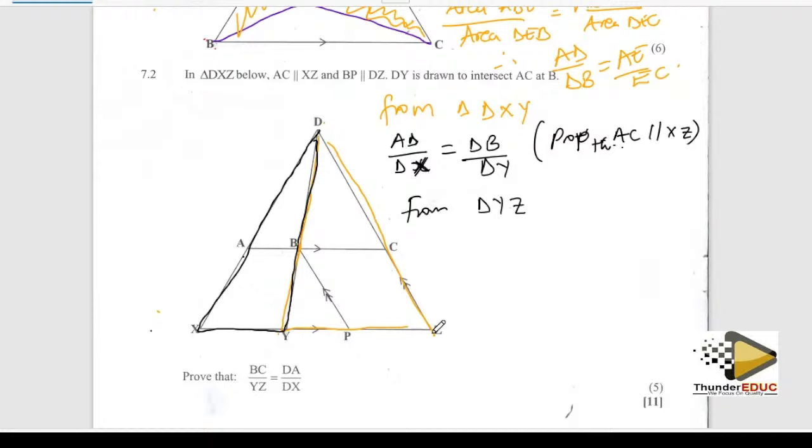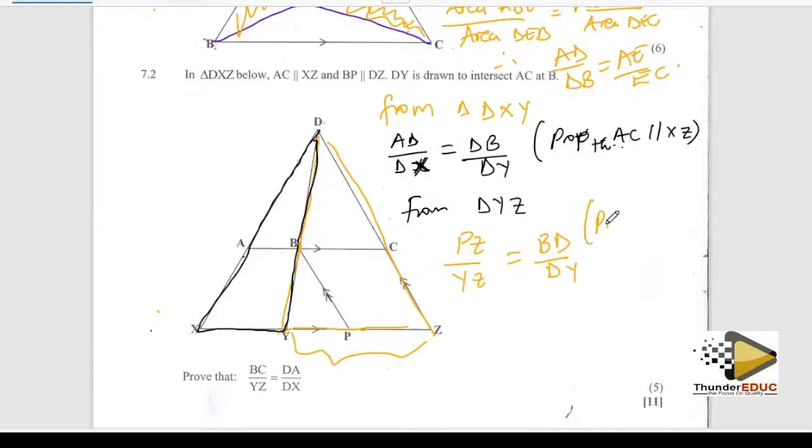Let me switch it around and say that my PZ over my YZ is going to be the same as, since I've used PZ, then I'm going to use BD over this whole distance, which is DY.